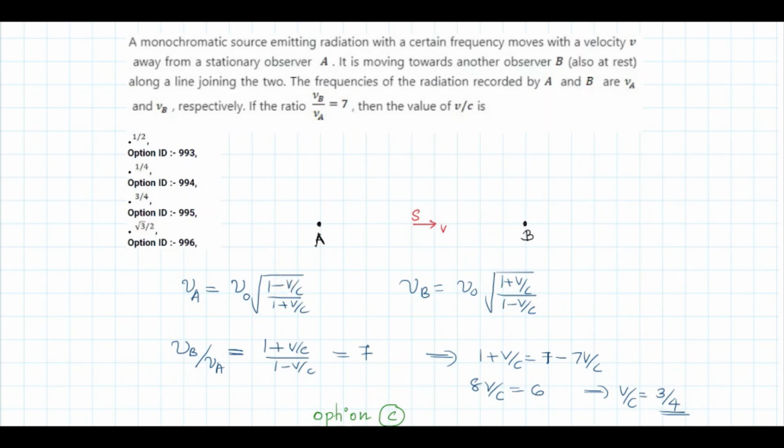In the numerator you have a minus because the frequency observed by A will be less compared to the actual frequency.